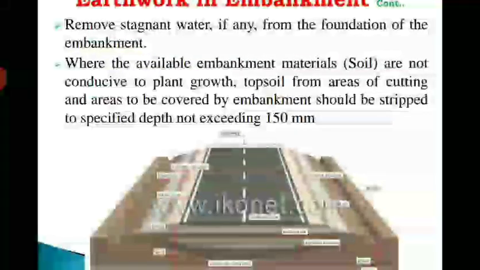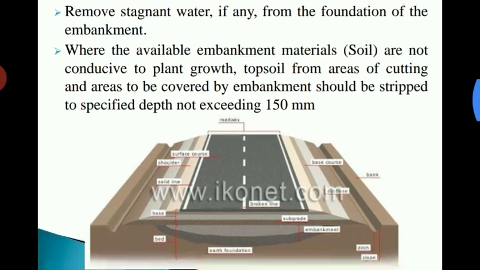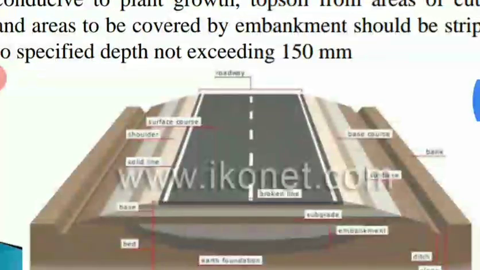So what they are telling here is that whatever excavation we are going to do, the depth should not exceed 150 mm. Okay, and here you can see the color indication of these slopes, right?